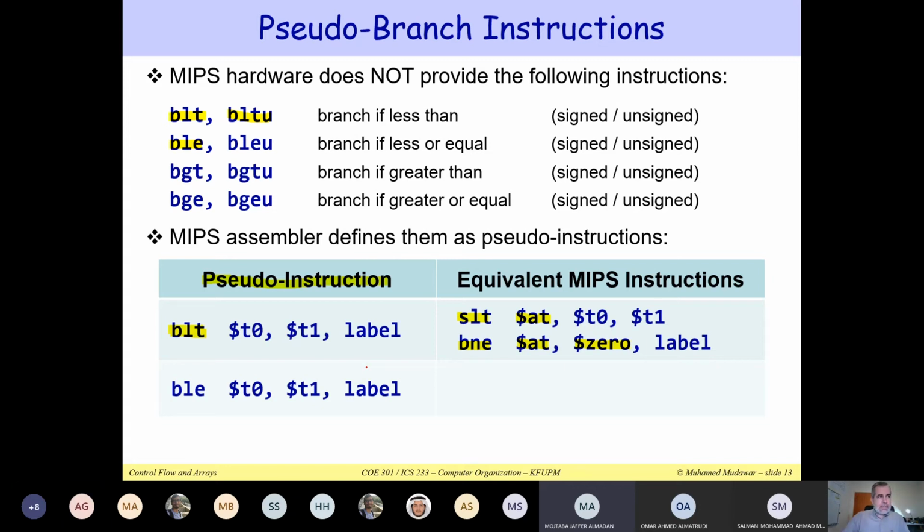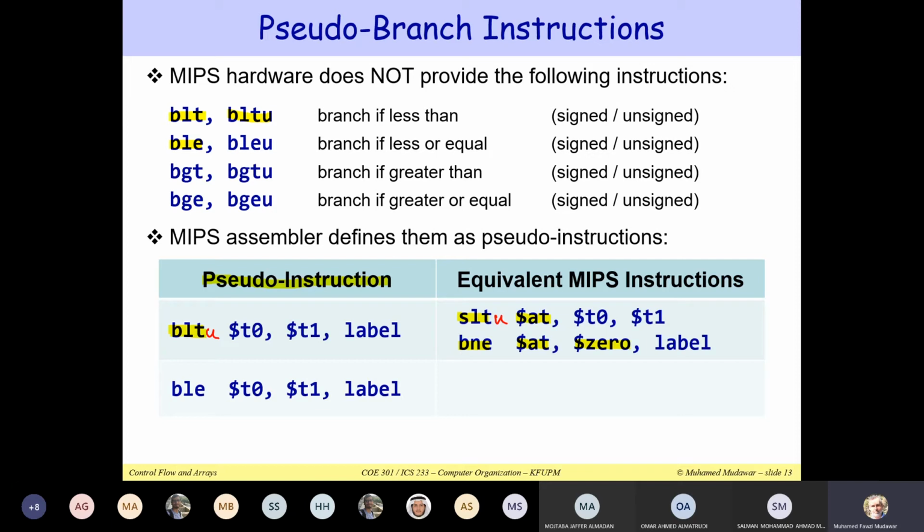If we have here branch less than unsigned, let me write here unsigned. All you have to do is use set less than unsigned. That's it. So if you have branch less than unsigned, use set less than unsigned.